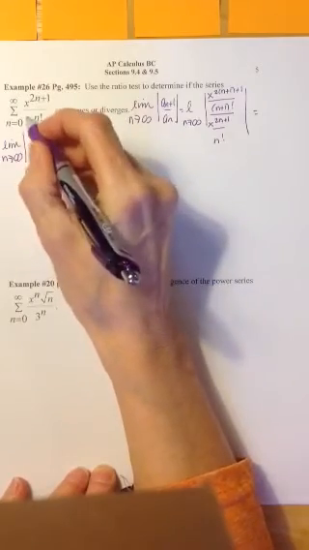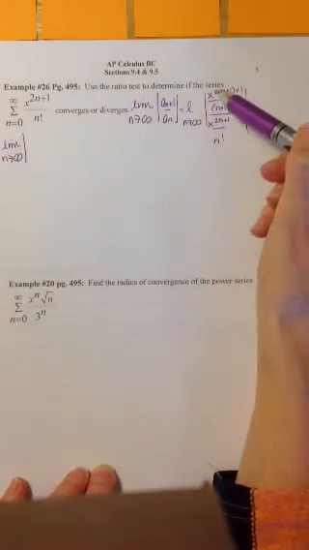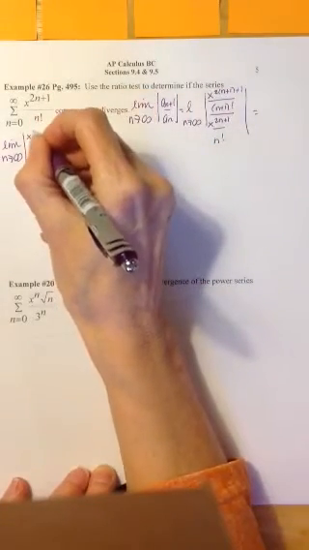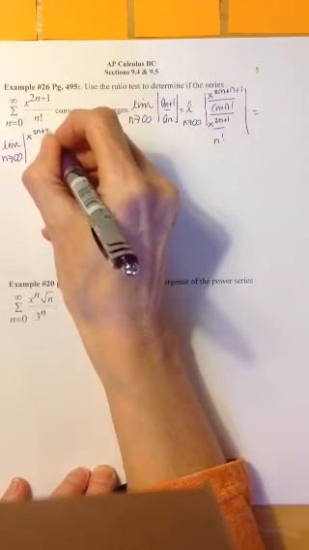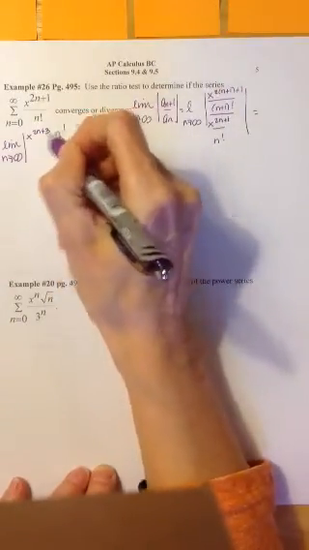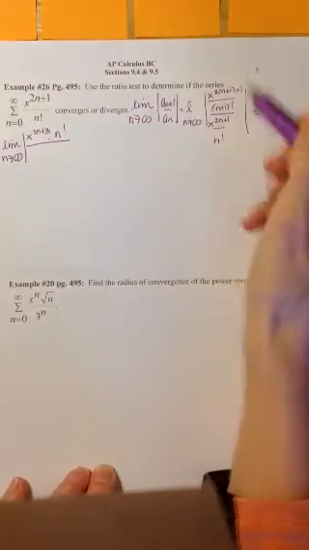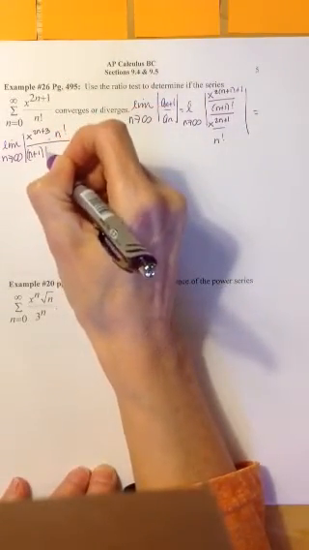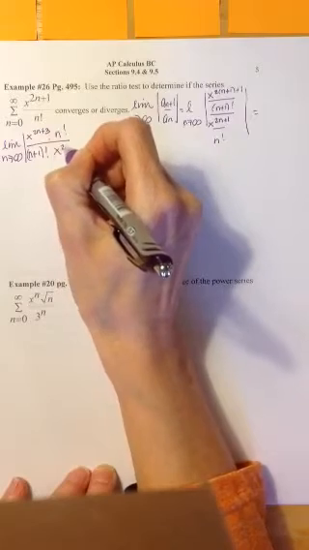But first I'll start with flipping the guy and distributing. So 2n plus 2 plus 1 simplifies to x to the 2n plus 3, times, flip the guy, n factorial in the numerator divided by n plus 1 factorial in the bottom, and then x to the 2n plus 1.